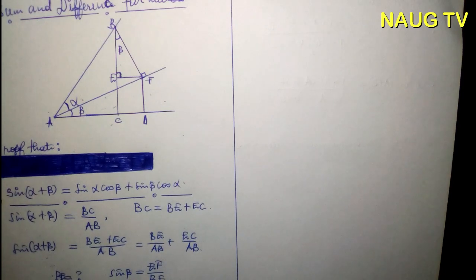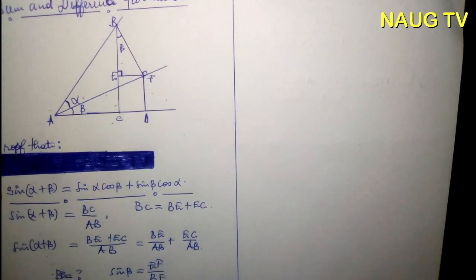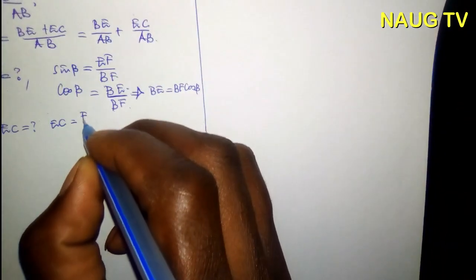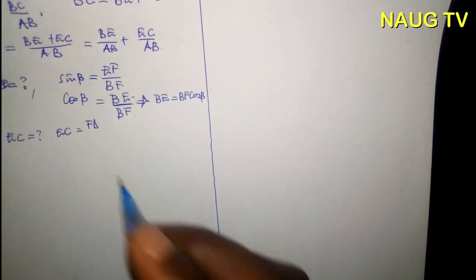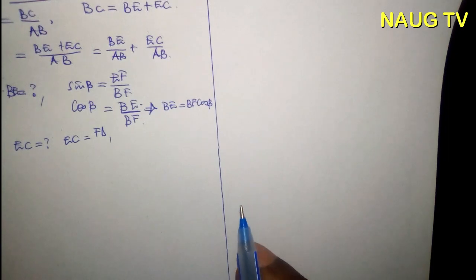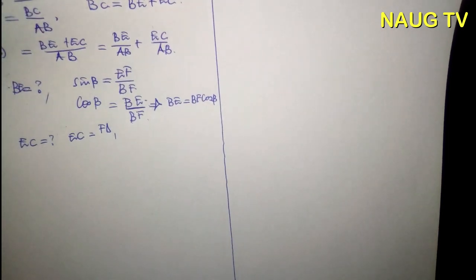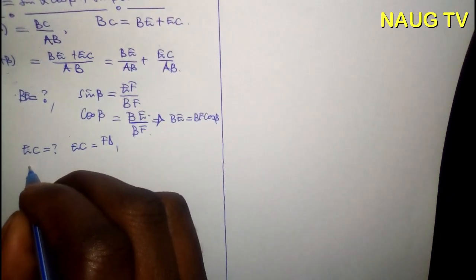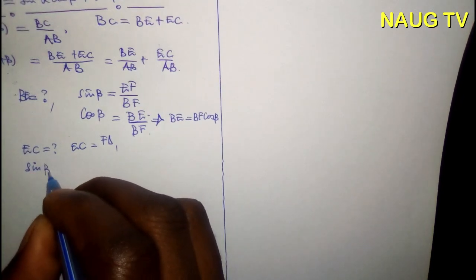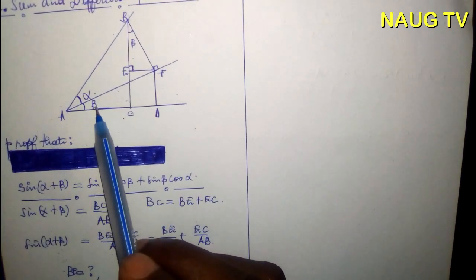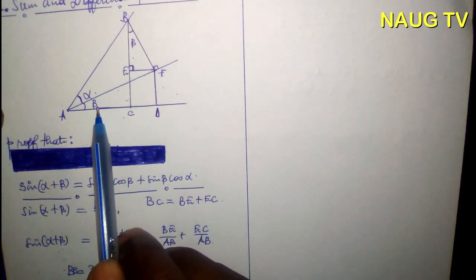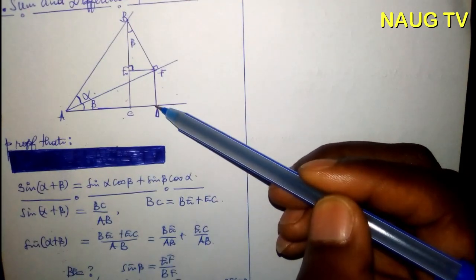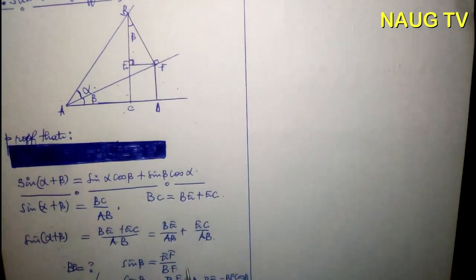EC can be equal to FD, right? And this can be well explained by sine of beta, this angle, which would be equal to the opposite side, FD.